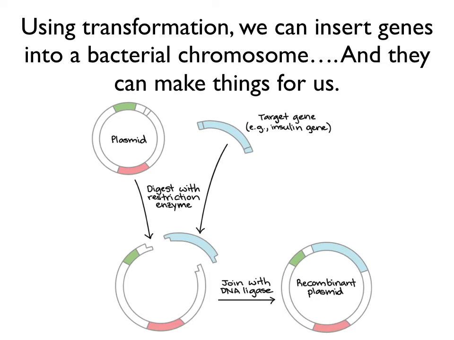But with transformation, what we were able to do is take the human gene for insulin and stick it into a plasmid, and then put that plasmid into a bacterial cell. So you can see here this plasmid, it's got these different colored regions, and you can see that the plasmid was cut open.